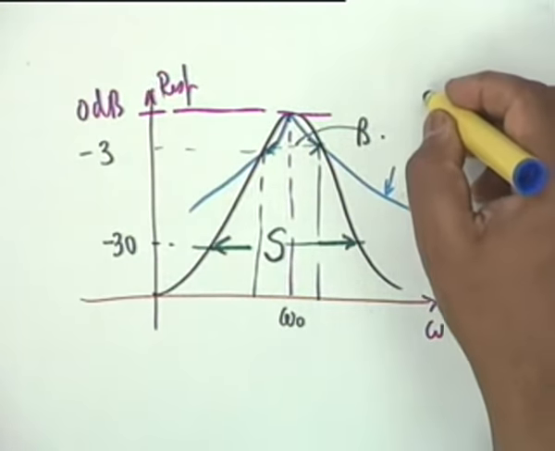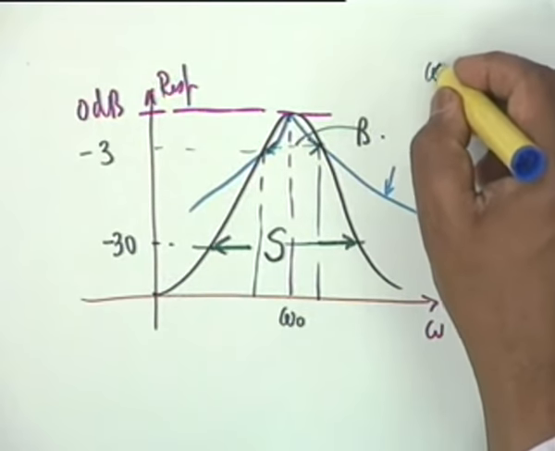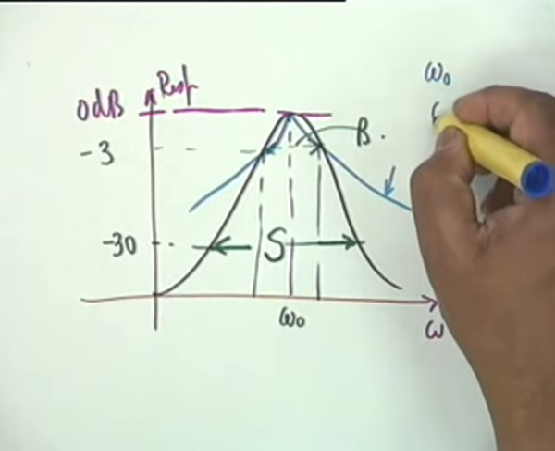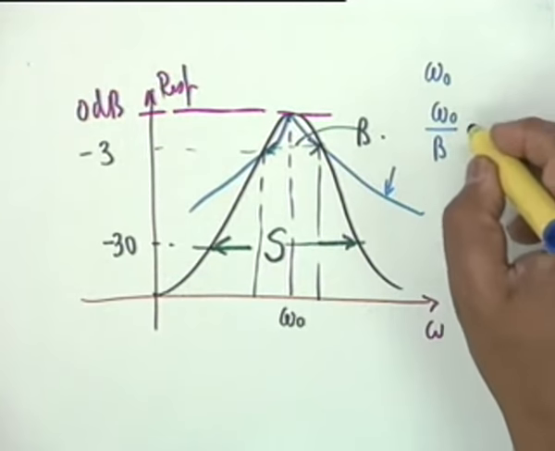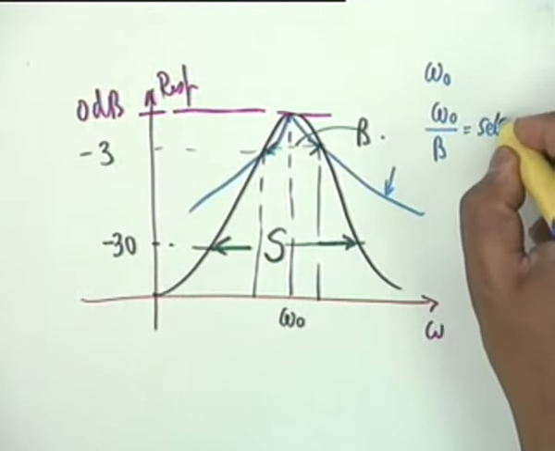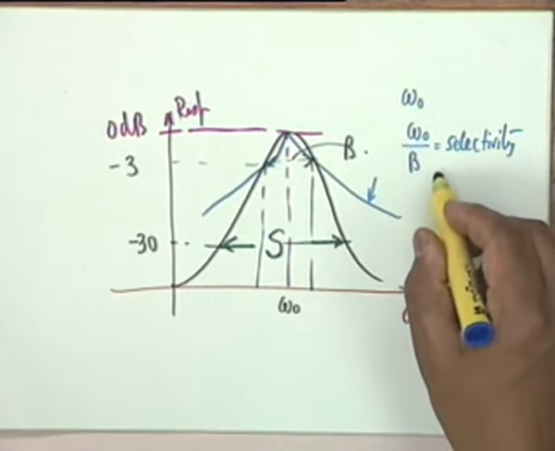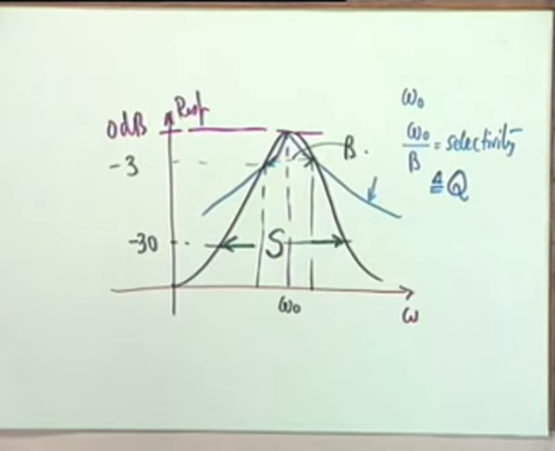And usually one defines the following parameters. One is omega 0, the other is omega 0 divided by B. This is called the selectivity of the response, also sometimes called the Q of the circuit.